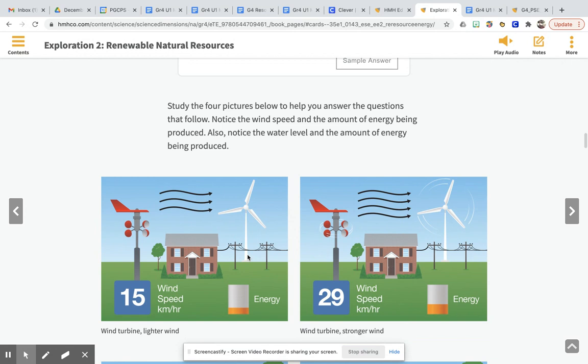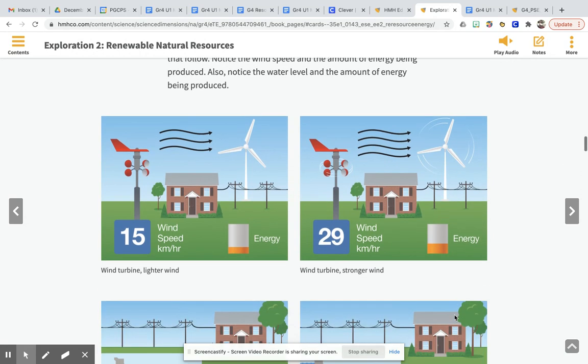And so in this picture, we have wind turbines and we have 15 mile an hour, or I guess these are kilometers per hour wind speeds on this day, and 29 km per hour wind speeds on this day. And so, based on the logic of what we learned about our solar panels and the sun, if there's more wind and we're talking about wind powered energy, then we should have more energy on that day.